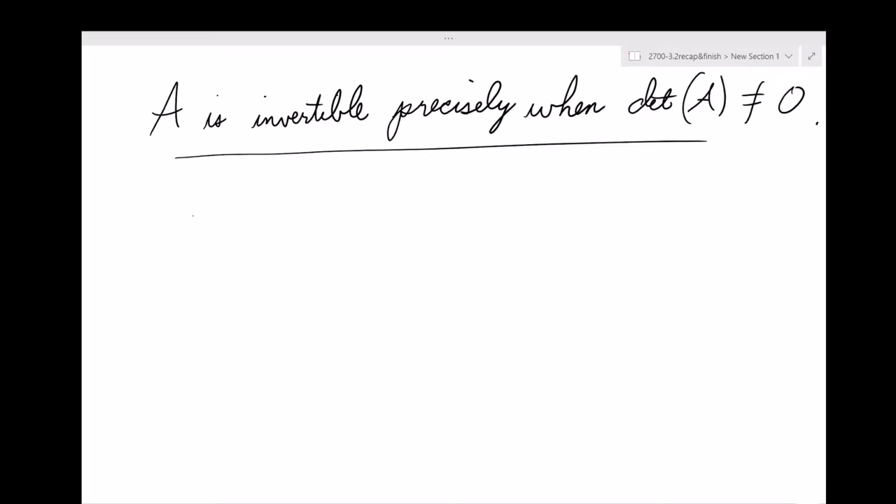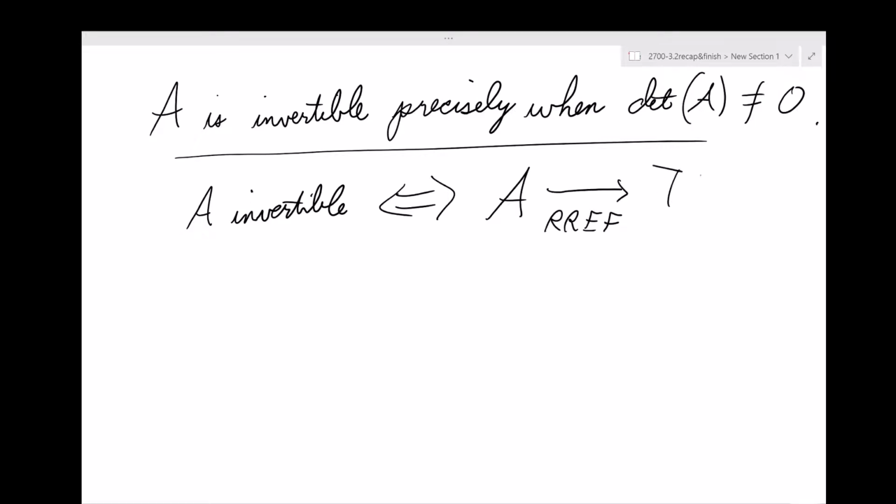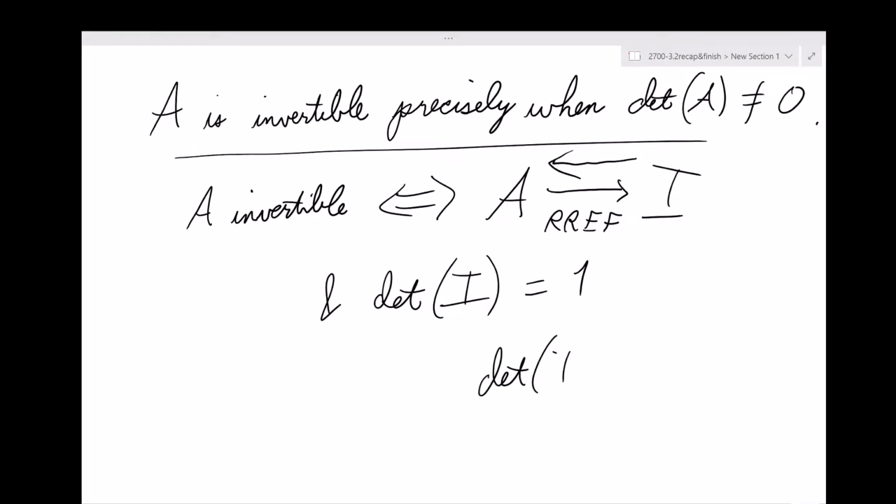We know from before that a matrix is invertible. That's equivalent to saying that matrix row reduces to the identity matrix. And the determinant of the identity matrix would just be multiplying that diagonal of 1s. So what can we do? I can perform the row operations in reverse, and then I would have this determinant of the identity matrix, and then every time I add a multiple of one row to another, I wouldn't change the determinant.